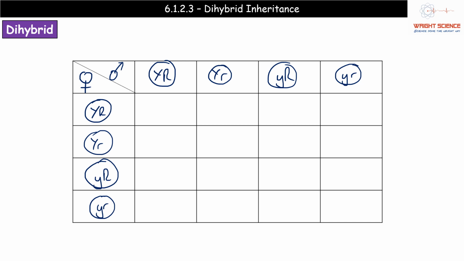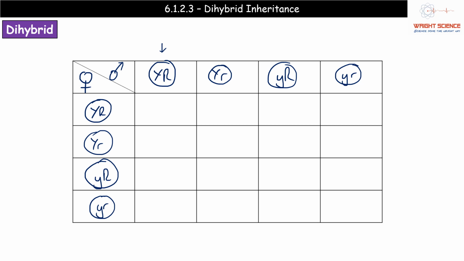Then we do the same thing we do with every Punnett square. Whatever is at the top of this column goes into the squares beneath it. Now you'll notice this one is slightly larger than our usual Punnett square because we've got four potential gametes. Therefore, we need to have a 4x4 grid for our potential offspring, 16 potential boxes.